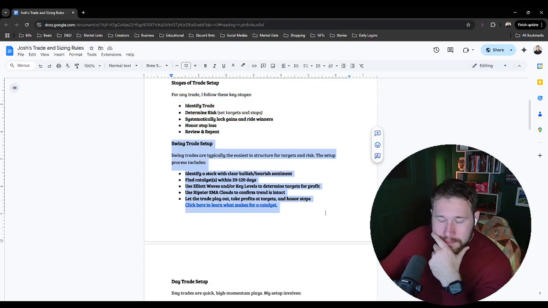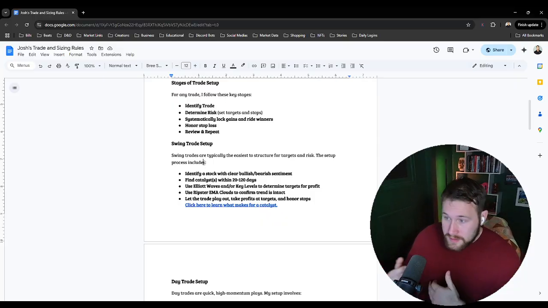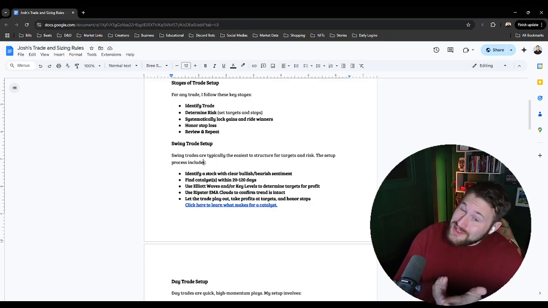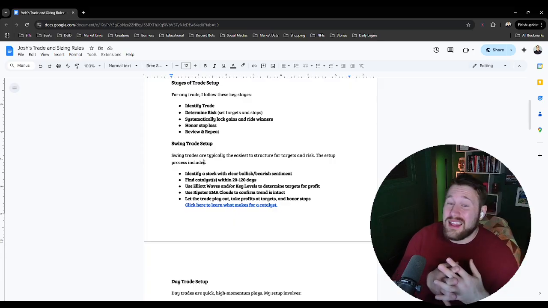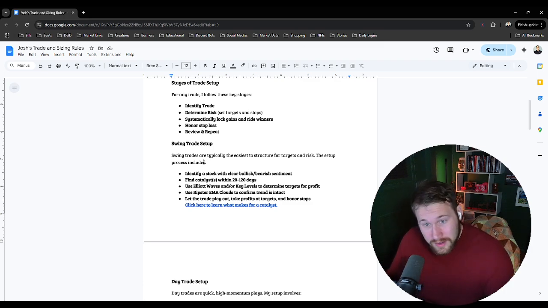For swing trades, trades that are going to take multiple days or multiple weeks, I identify a stock with a clear bullish or bearish sentiment. I also typically like it to have good market alignment. So in a bearish market, I like to look for bearish ideas. In a bullish market, I like to look for bullish ideas.